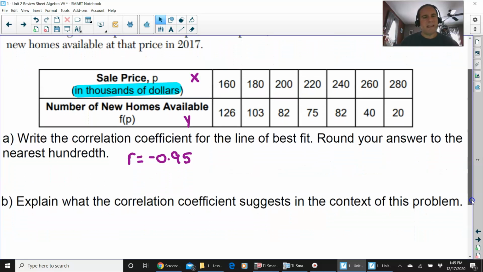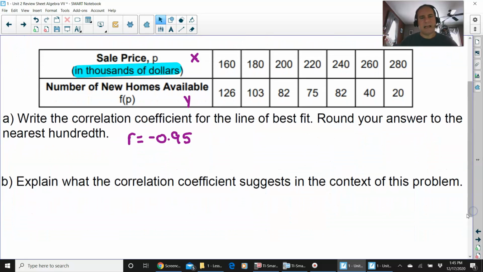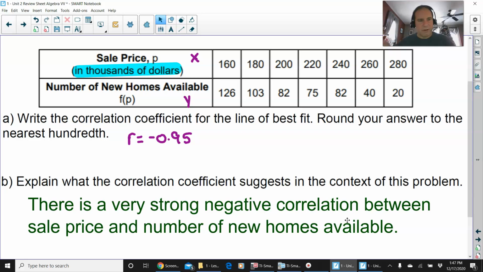So explain what that means in the context of this problem. Okay, so there it is. Being that it's a correlation coefficient of negative 0.95, there is a very strong negative correlation between the sale price and the number of new homes available. All right, and that's how you have to state it.